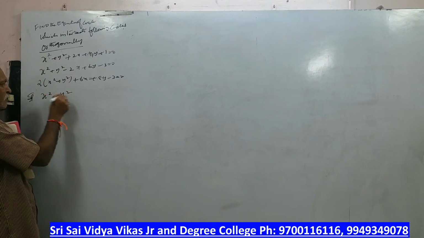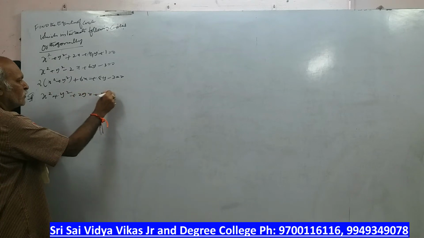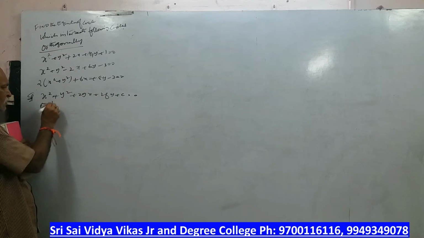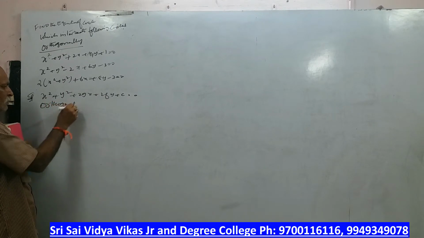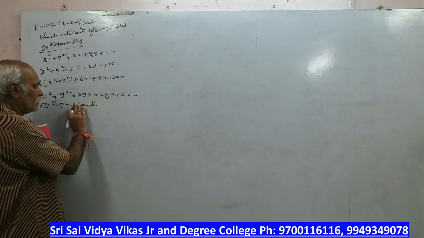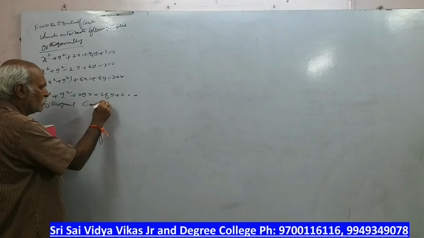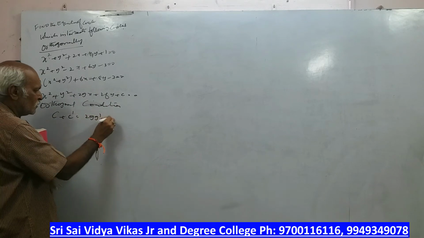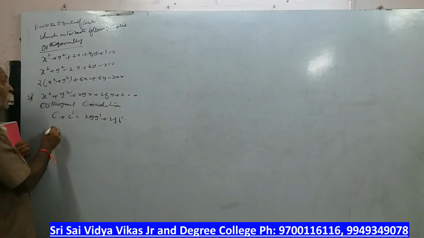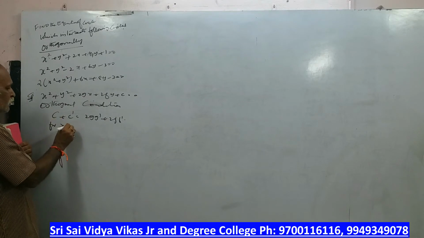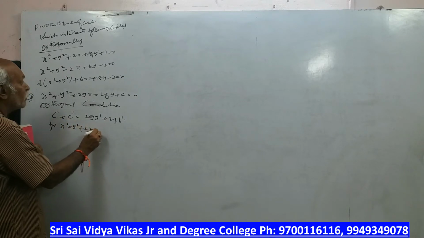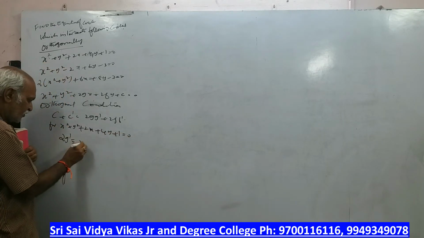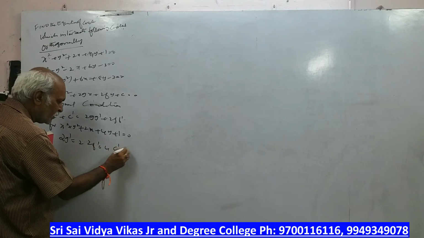x square plus y square plus 2gx plus 2fy plus c is equal to 0. And for orthogonal condition, c plus c dash is equal to 2gg dash plus 2ff dash, right? So for x square plus y square plus 2x plus 4y plus 1 is equal to 0, 2g dash is equal to 2, 2f dash is equal to 4, c dash is equal to 1.